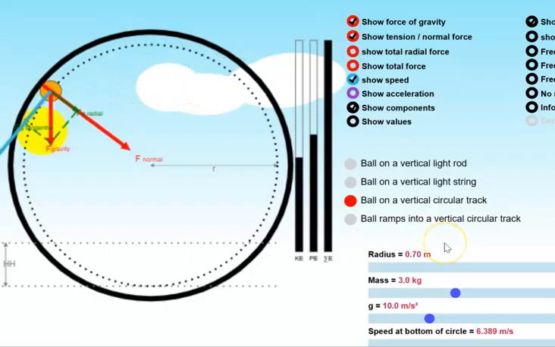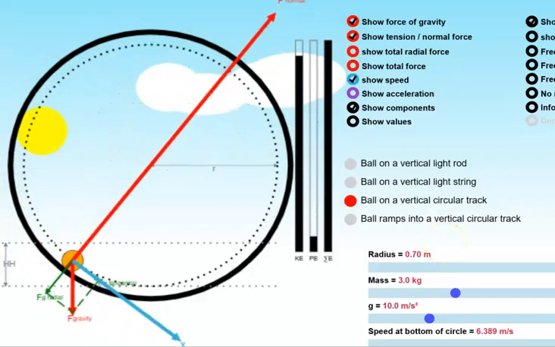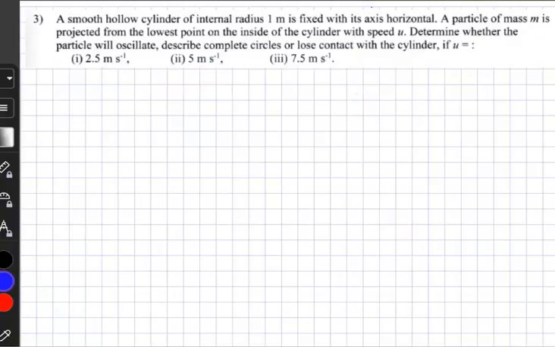Right, let's stop yabbering and go on with a few questions. Smooth, hollow cylinder, internal radius 1 meter, to make things easier I suppose. It's fixed with its axis horizontal. So just imagine a cylinder, a tube that's horizontal, and there's an object that's going to be moving in a vertical circular motion.